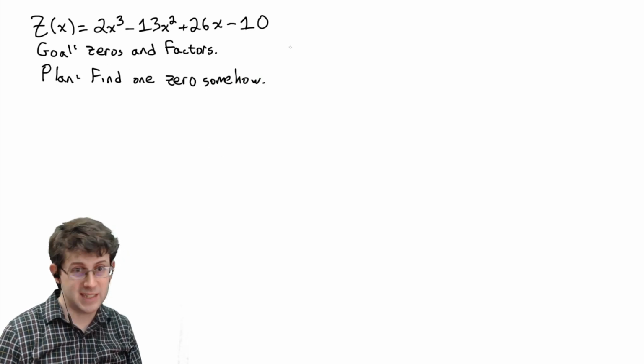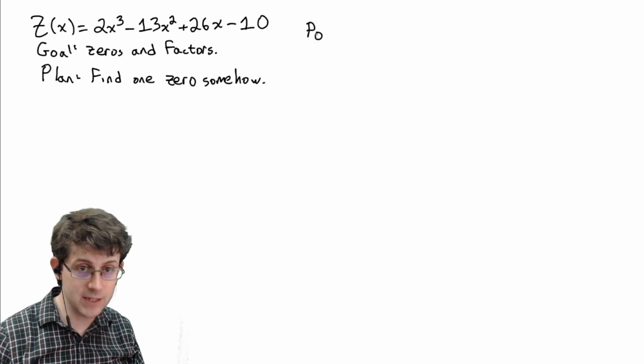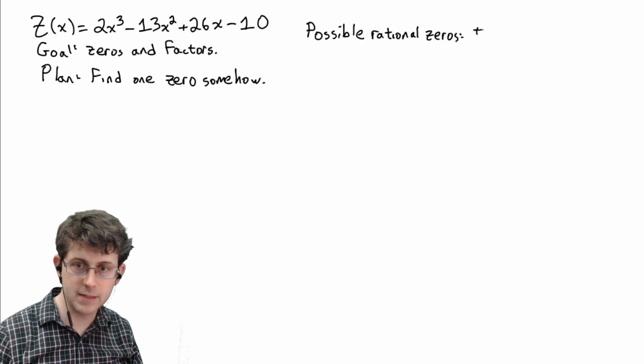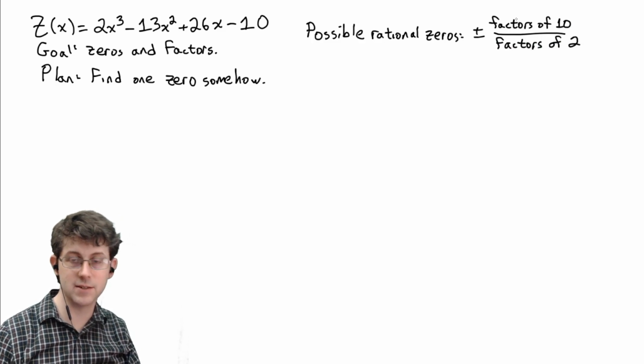So let's make a list of all the possible nice zeros, the possible rational zeros. They come from plus or minus factors of 10 over factors of 2. And again, I'm using the constant term and the leading term.